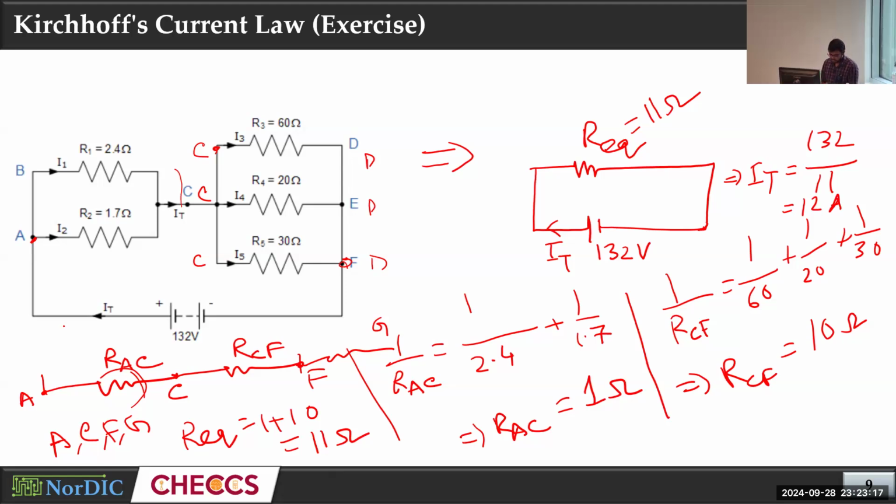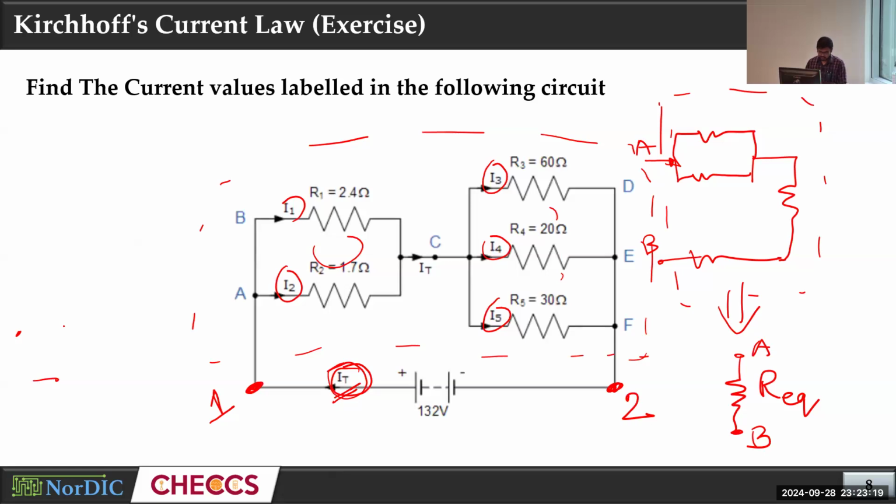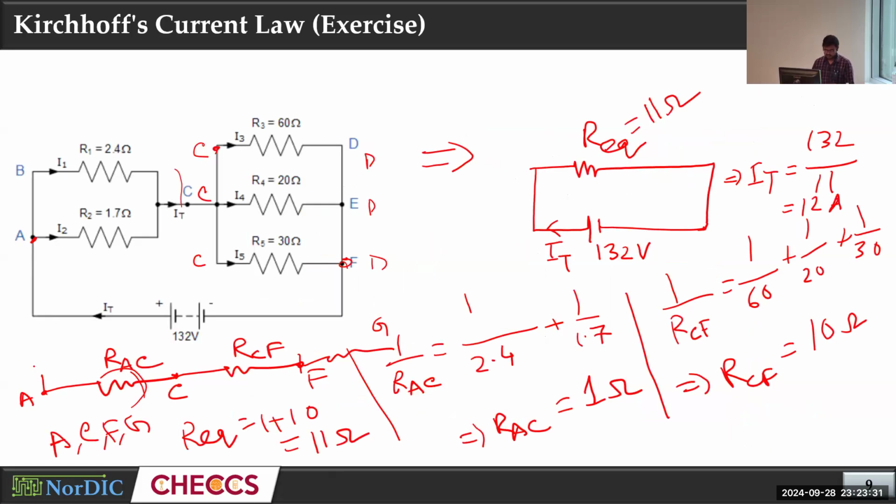Okay, so now let's go back to the problem. The problem was to find out all the values of current. We have only found the value of IT so far. Now we need to find the value of I1 and I2. As I mentioned, for parallel connection, the voltage should be the same. You remember that?